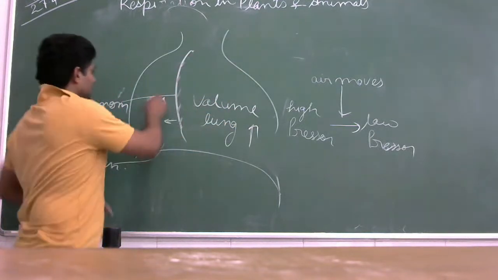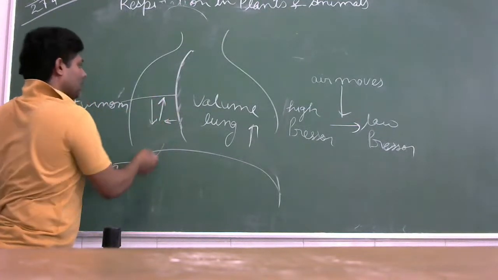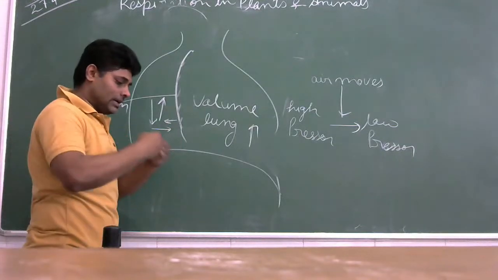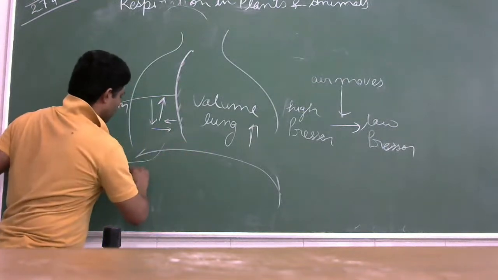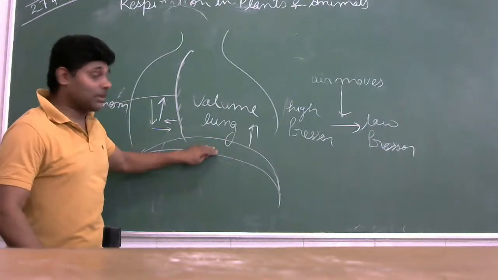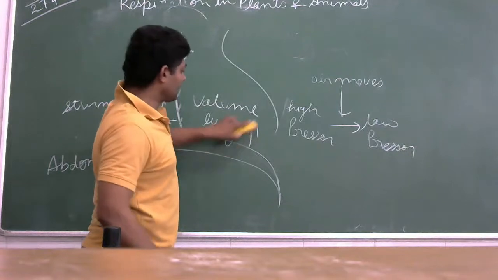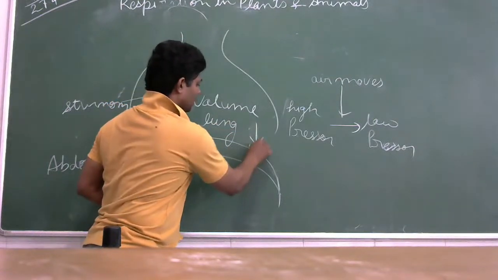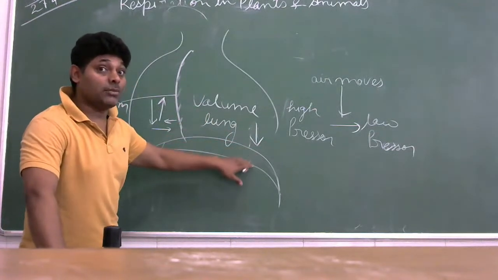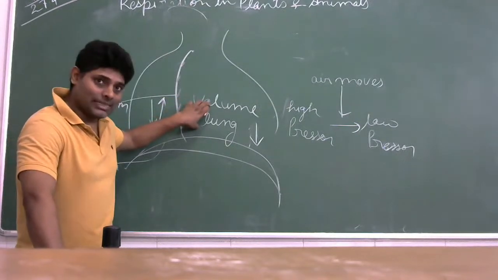Next, what happens? Again, this sternum comes down and slightly inside. The abdomen relaxes and becomes dome shaped. Ultimately, the result is the volume of the lungs or thoracic cavity decreases. If the volume of the thoracic cavity decreases, it means the pressure of air inside the lungs increases.